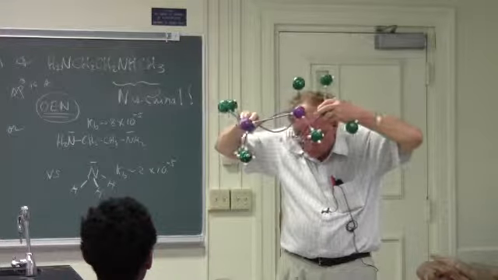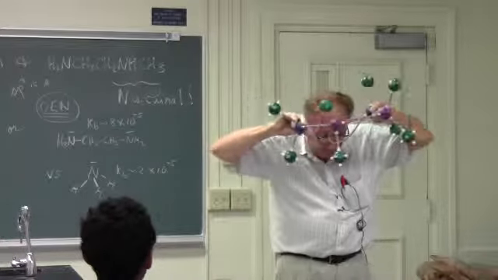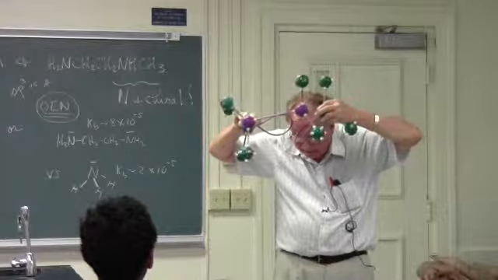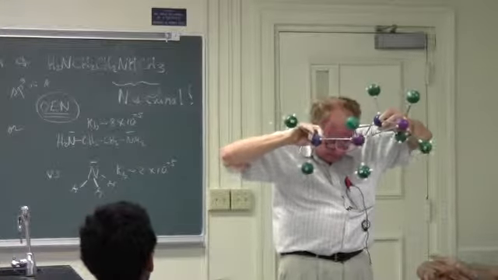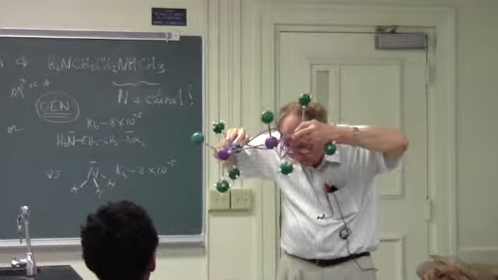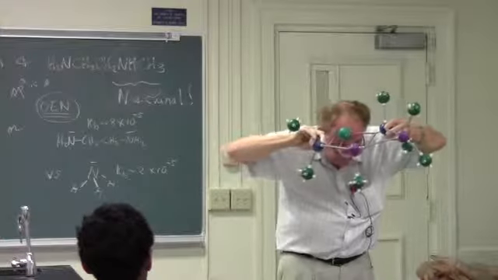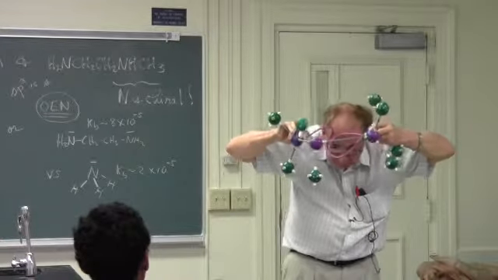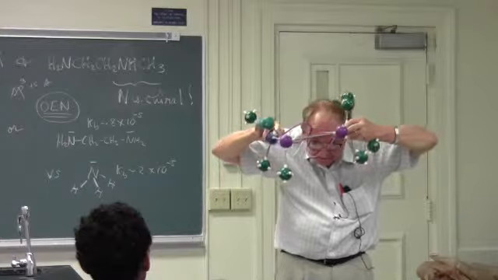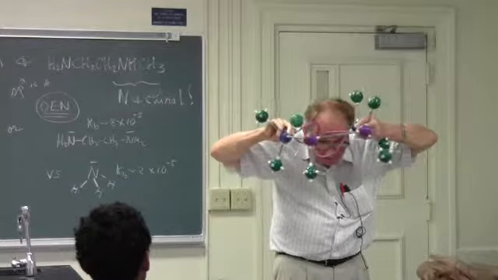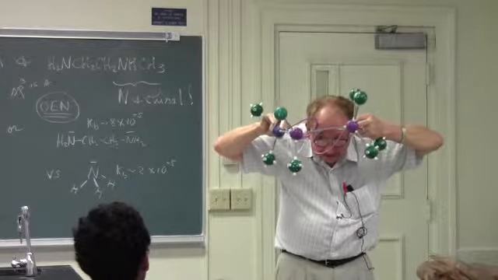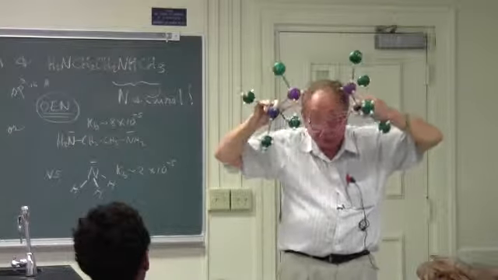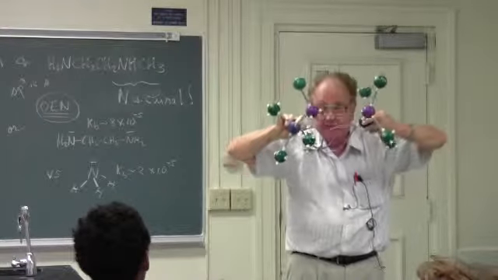The two purples, the two blue ones, and my noggin. Are these atoms all in the same plane? Yes or no? You think so? Mm-mm. They're not in the same plane. Kind of close, but not in the same plane.